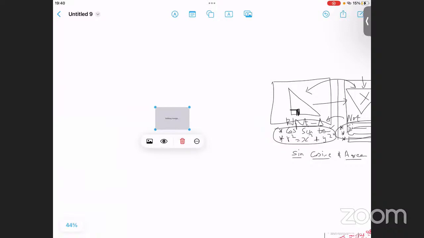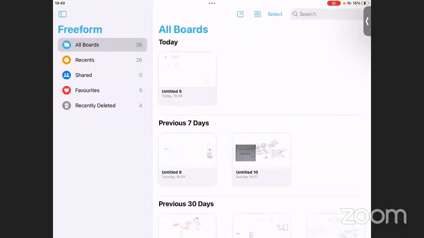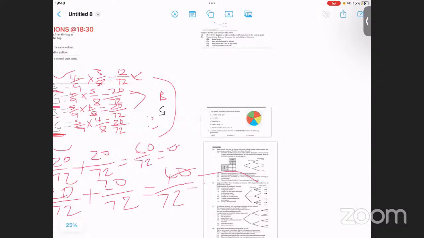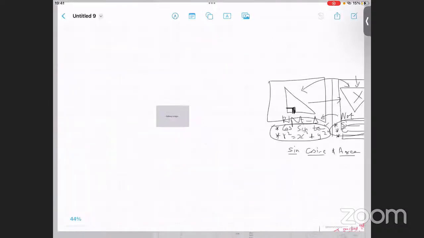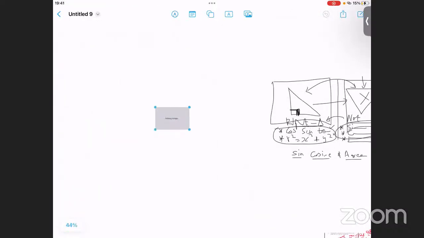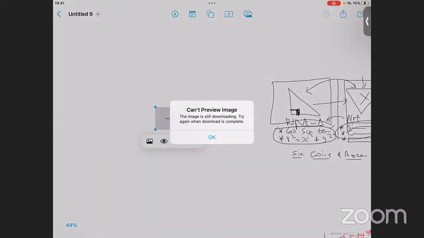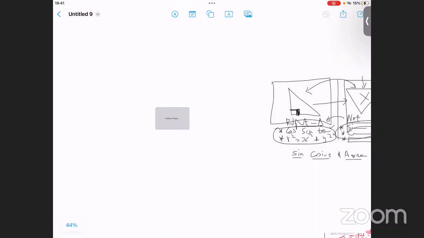Okay, I'll do that. And then open that one there. No, I think that was misled. Then let me go back to this one to try and open and check. Okay, it still hasn't.